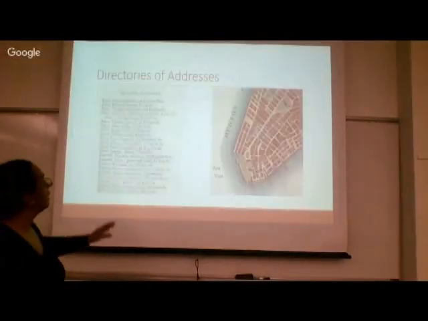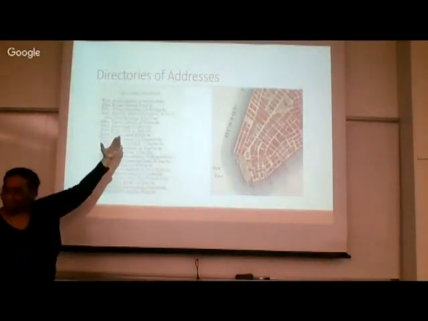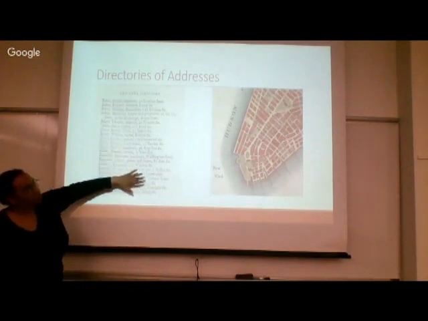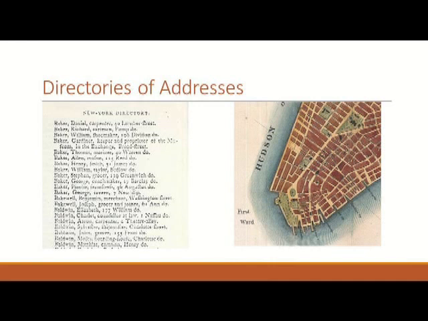The next slide, this is like the phone book of those days. So this is basically a directory of addresses. And we had several students work on this in New York City. Julius Caranda did it. He identified locations, addresses for various slaveholders, which gives us a sense of where enslaved people lived and, more importantly, what they did, because most of the people who were in Brooklyn were in agricultural situations.